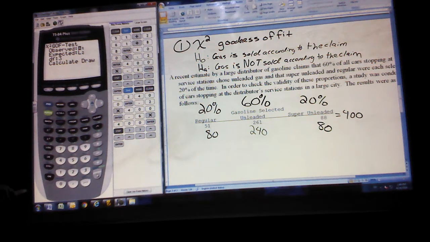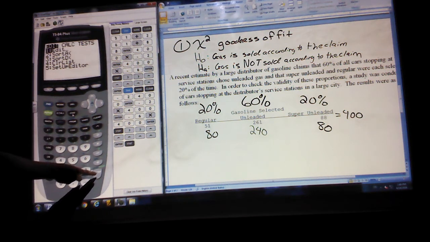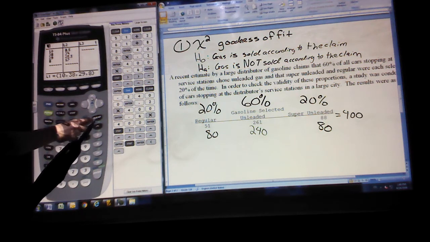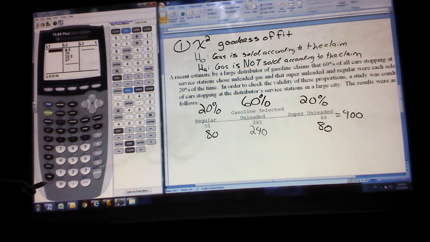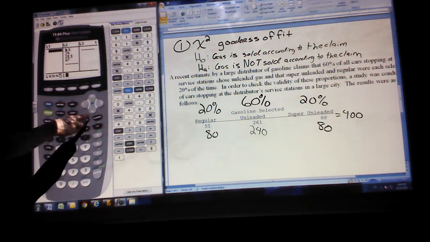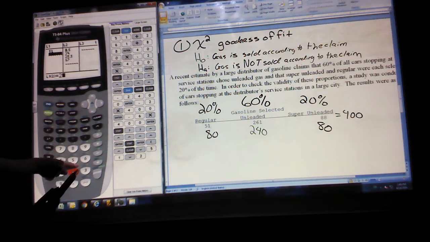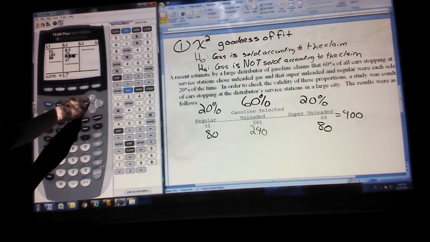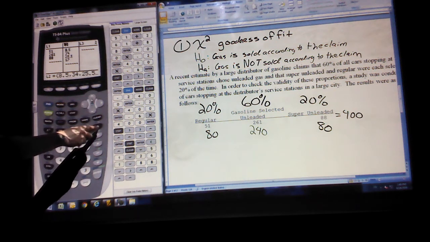So we need to enter our numbers into lists. So we go stat, edit, and I'm going to put the observed in list 1. So I go up to L1, hit clear, go down, observed is 51, 261, and 88. And over here are the expected counts, which we just calculated.